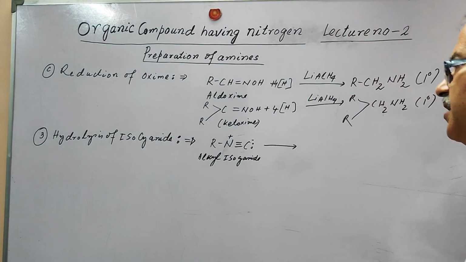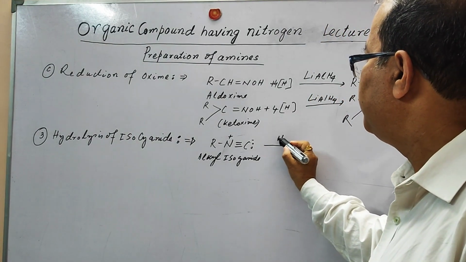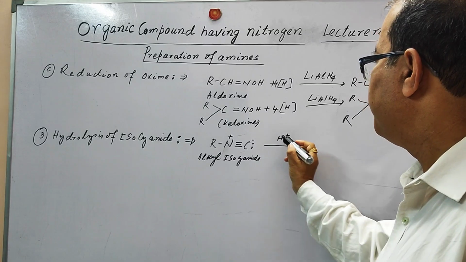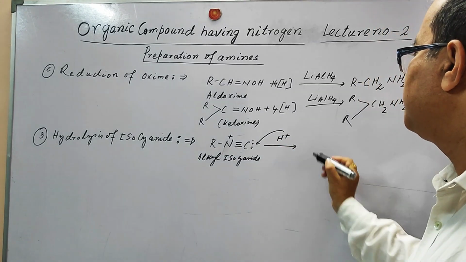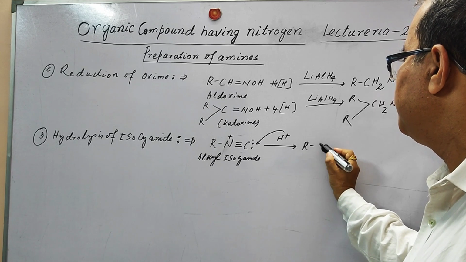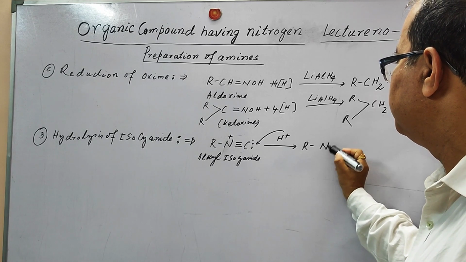This alkyl isocyanate in the hydrolysis with the H plus ion, this H plus ion will take up this lone pair of electrons.